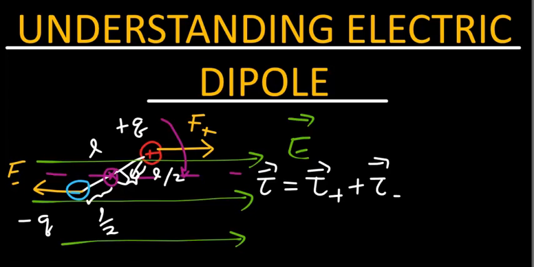From the definition of torque, if you want to calculate the torque due to F+, we take the force, F+, and multiply it by the distance between that force and the axis of rotation. In this case, it's L/2, times the sine of an angle.